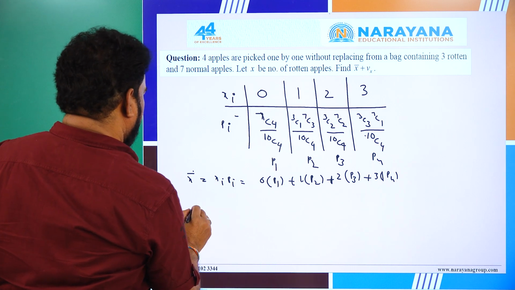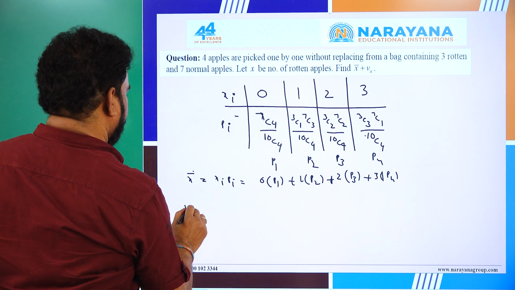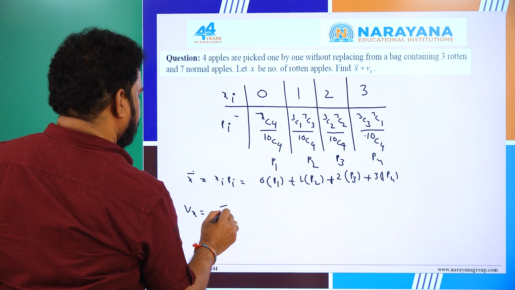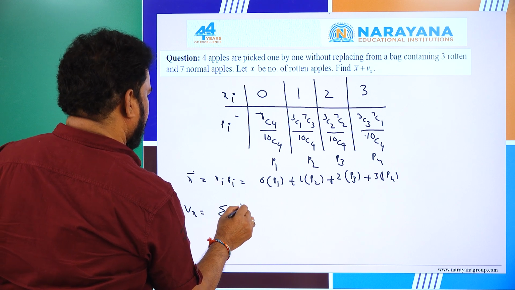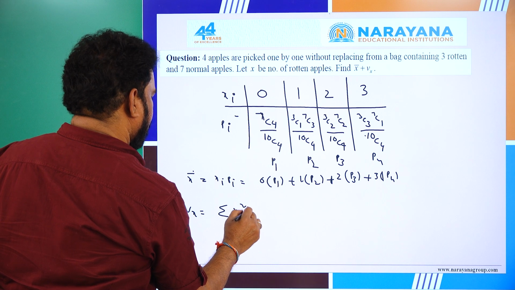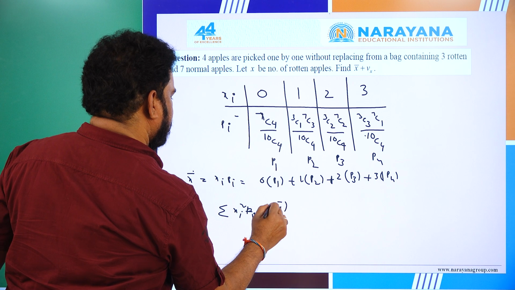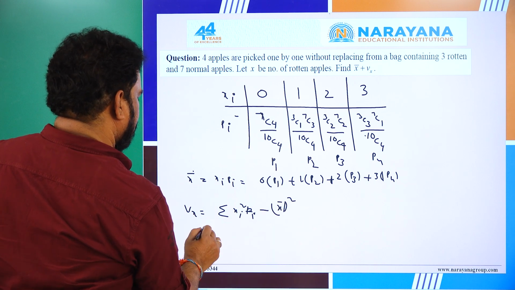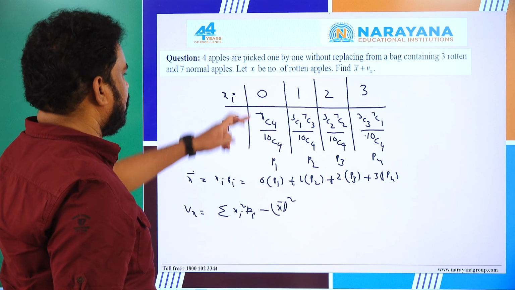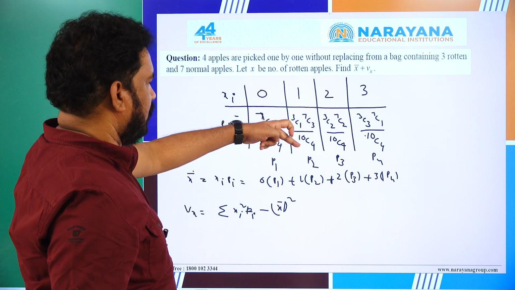Next, the variance Vx is asked. Vx is equal to sigma xi square pi minus x bar square. We already got the x bar answer, so now we have to substitute. xi is 0 square into this one, 1 square into this one.